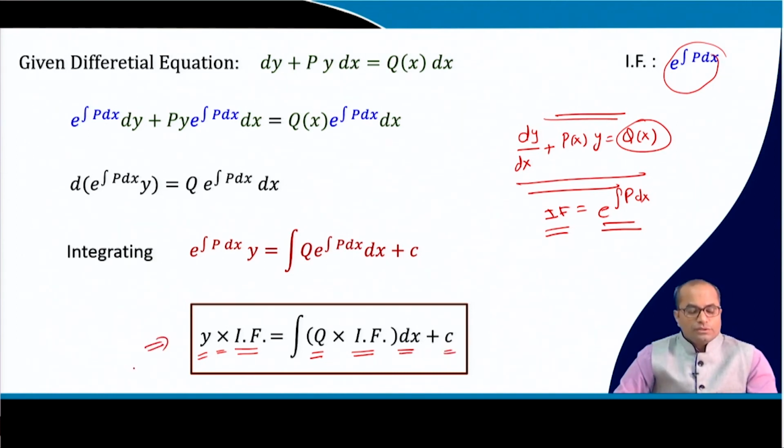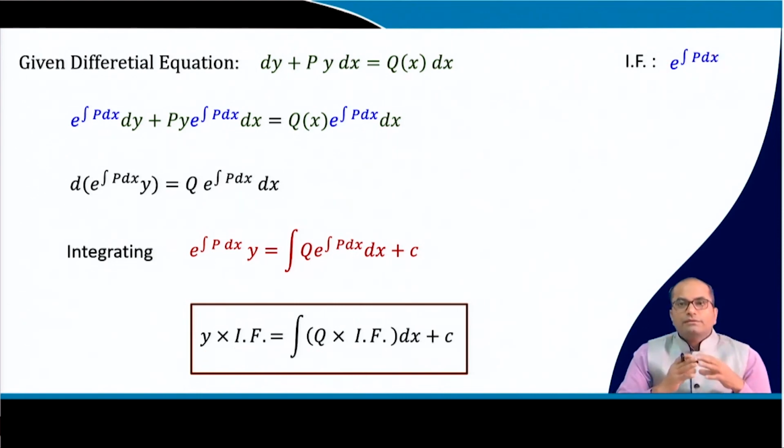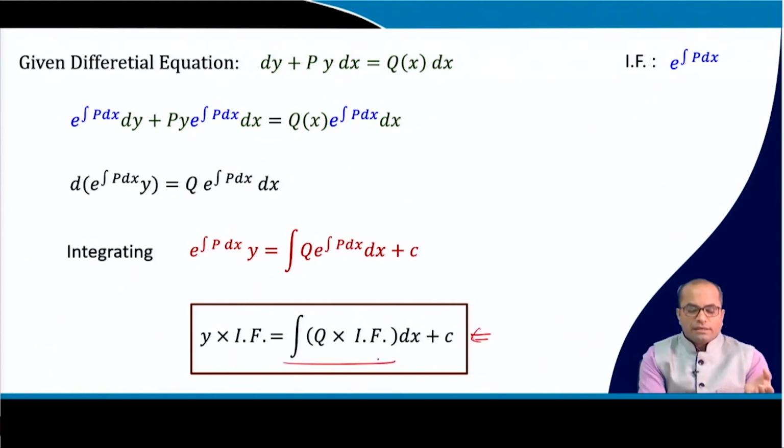So, this is the solution of a linear differential equation. We will find the integrating factor and then substitute in this formula. We will integrate this and write down y in terms of x.